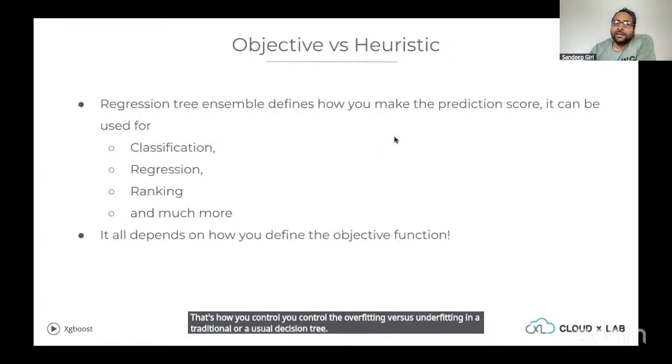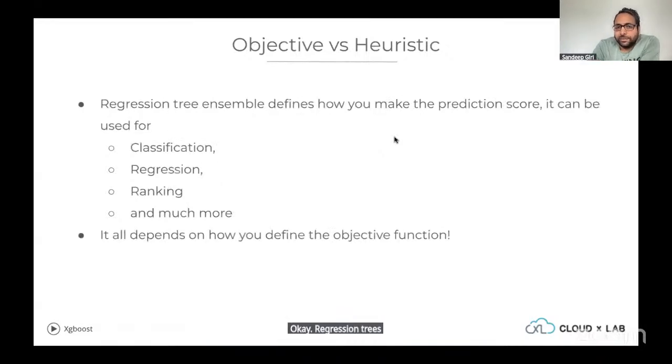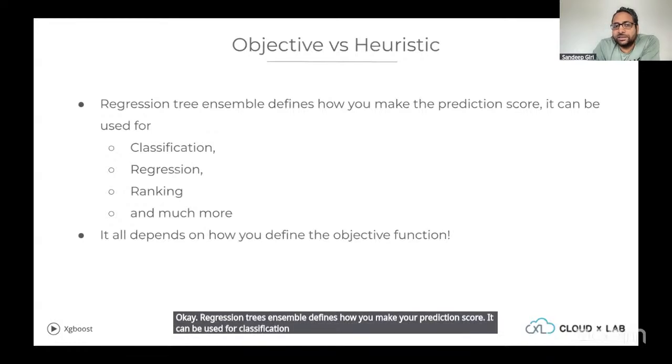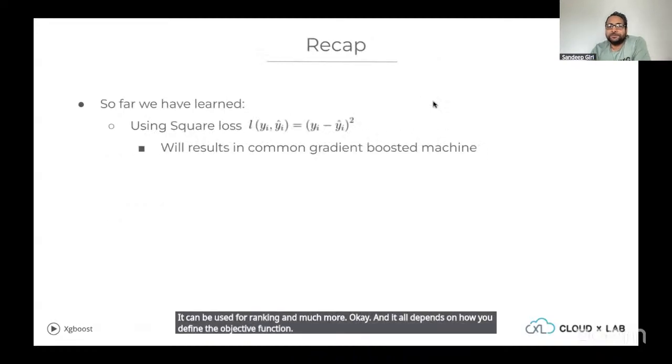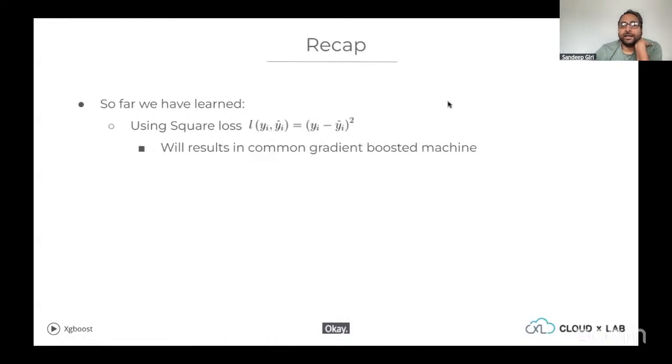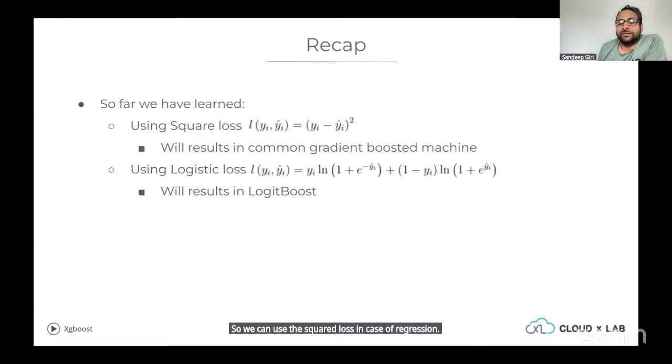Regression trees ensemble defines how you make your prediction score. It can be used for classification, regression, ranking, and much more. It all depends on how you define the objective function. So, recap: we can use the squared loss in case of regression. In case of classification, we can use the logistic loss.